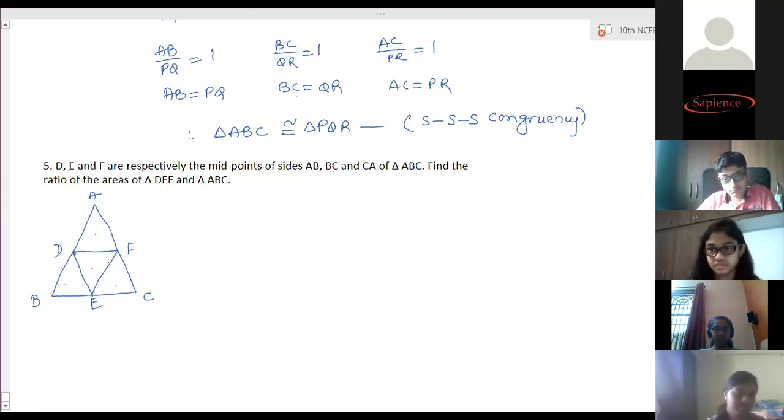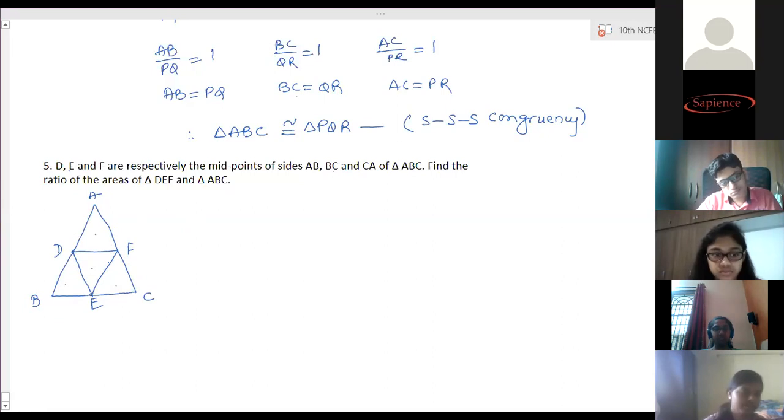We know the midpoint theorem. D is the midpoint of AB and F is the midpoint of AC, right? Therefore DF is parallel to BC, and DF is half of BC.